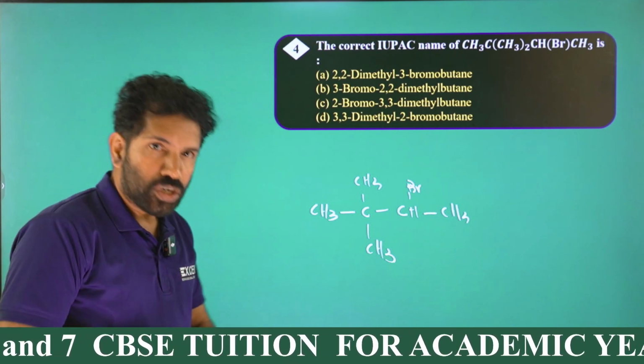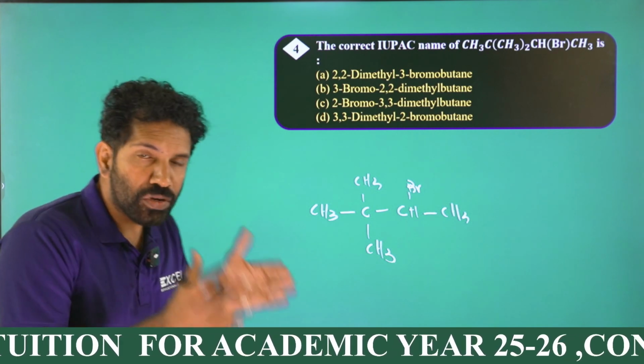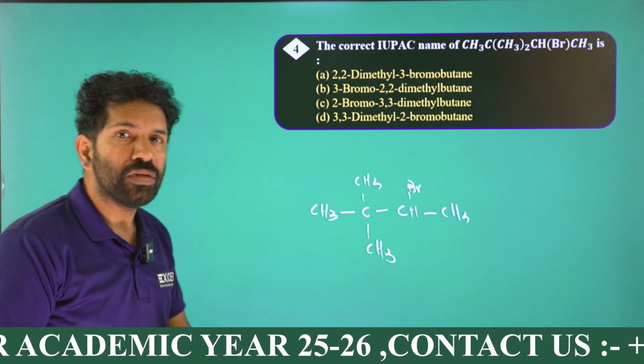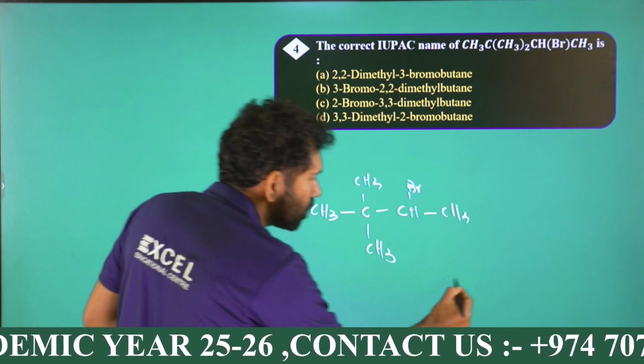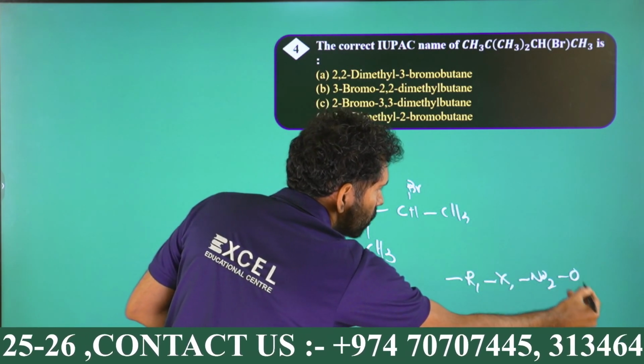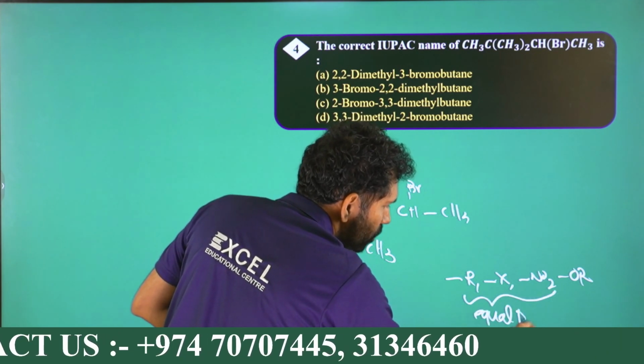So how to do the IUPAC name of this compound? We told you already, when halogen atoms and alkyl groups are there, we have to obey the priority rule. We know that alkyl group, halogen, NO2, alkoxy group all have equal priority, right?